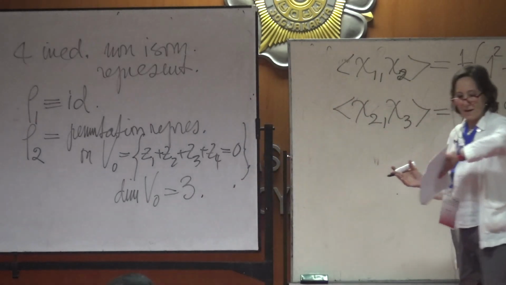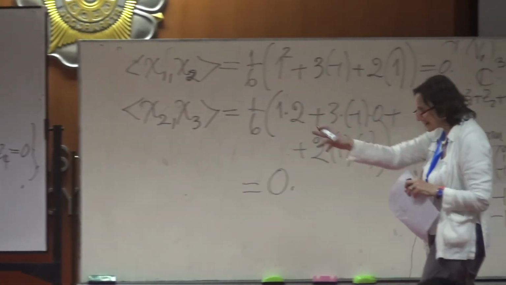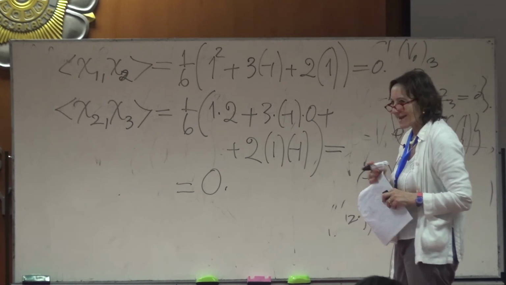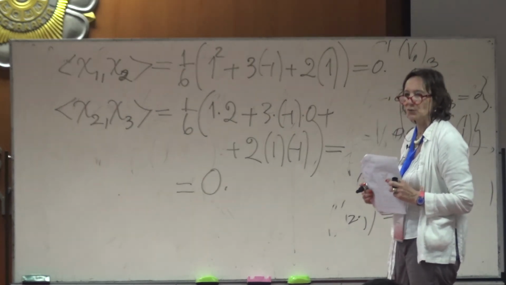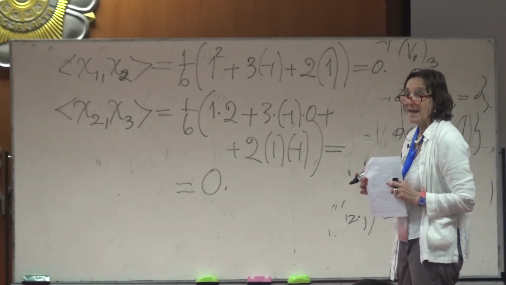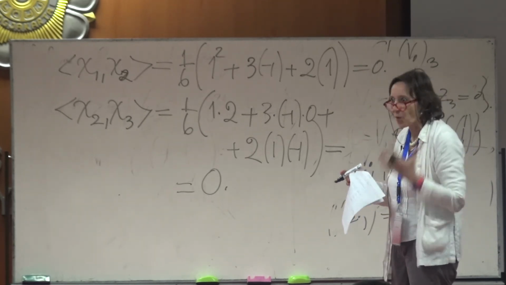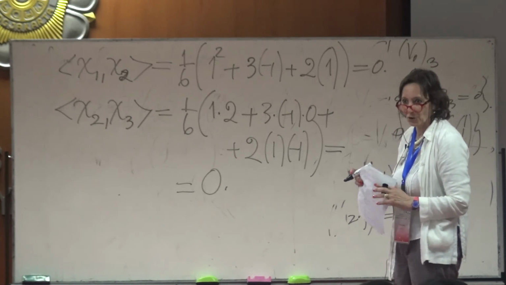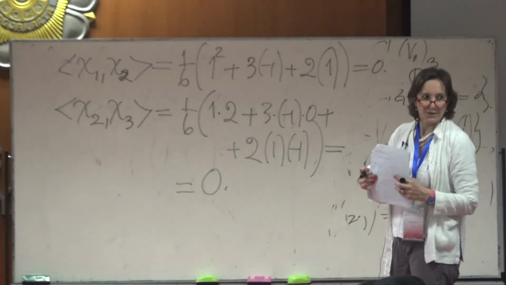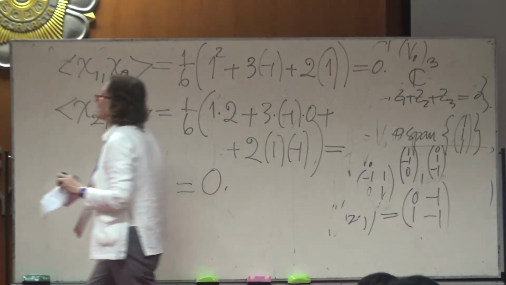Suppose that we want to know whether this representation remains irreducible when we restrict it to A4. What do we do? We have to compute the character. If the character has norm square 1, then we can conclude it. Okay, so the claim is this is irreducible.